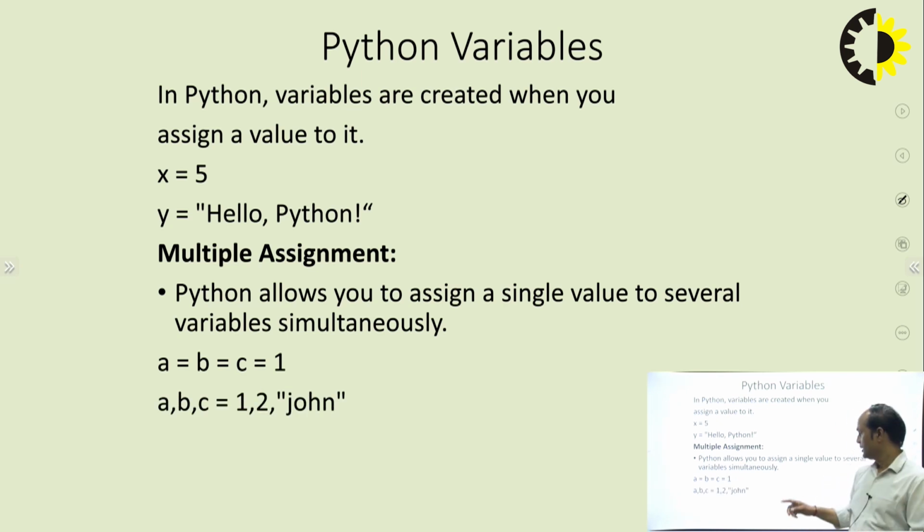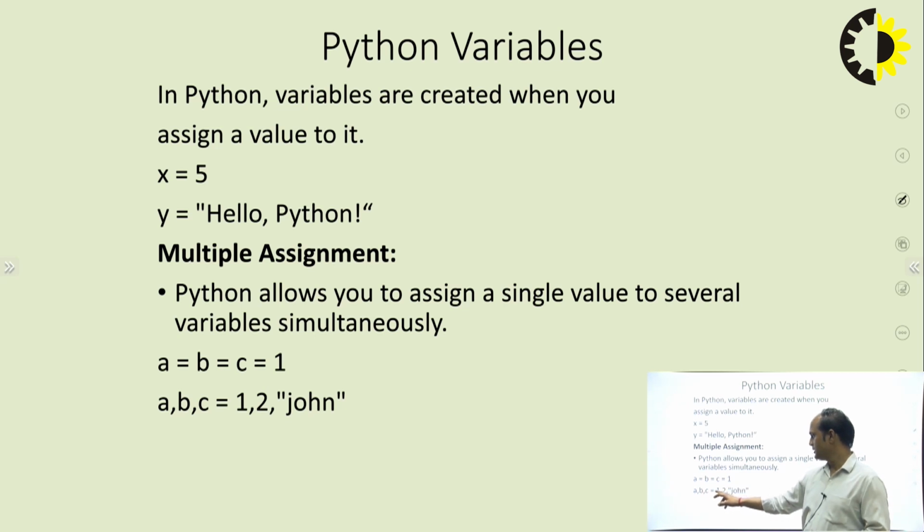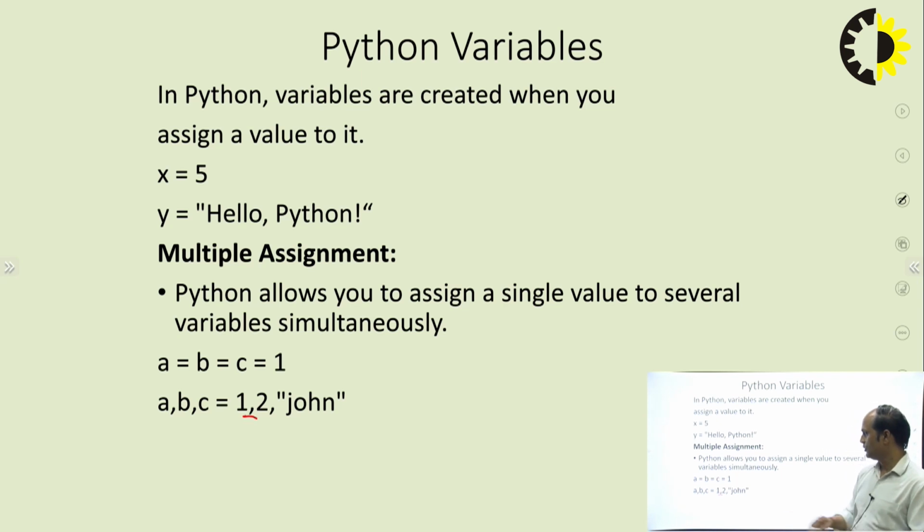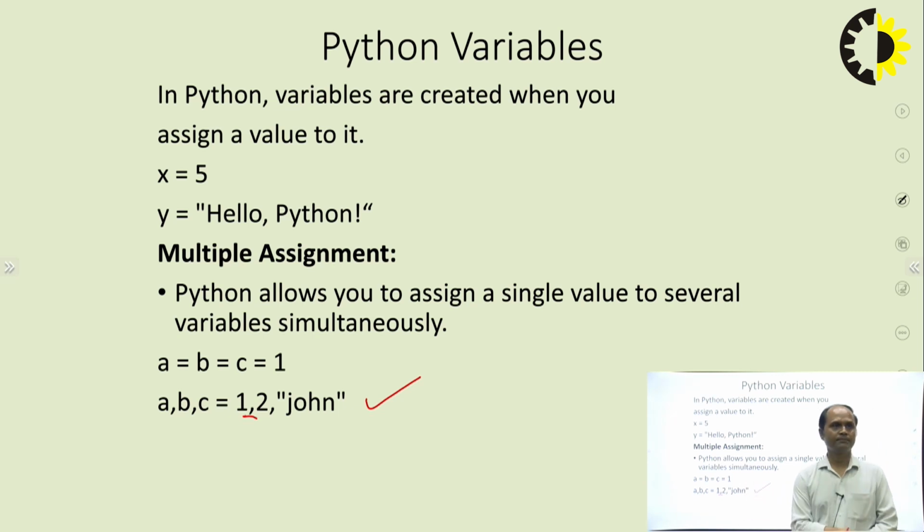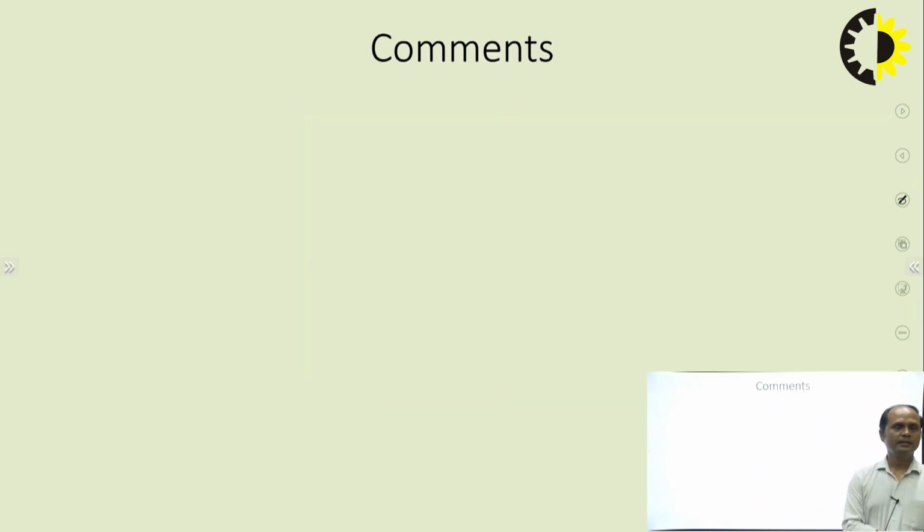Like a, b, c is equal to 1, 2 and "John". That is also allowed in Python programming, but in C this is not allowed. That is a Python variable.